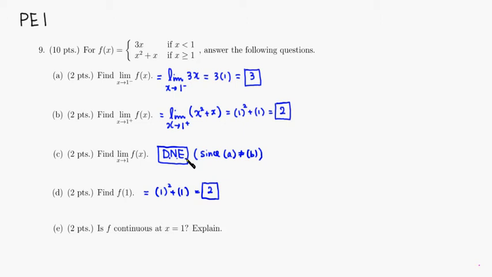And part E asks, is f continuous at 1? The answer is no, since the limit of f of x as x approaches 1 does not exist.